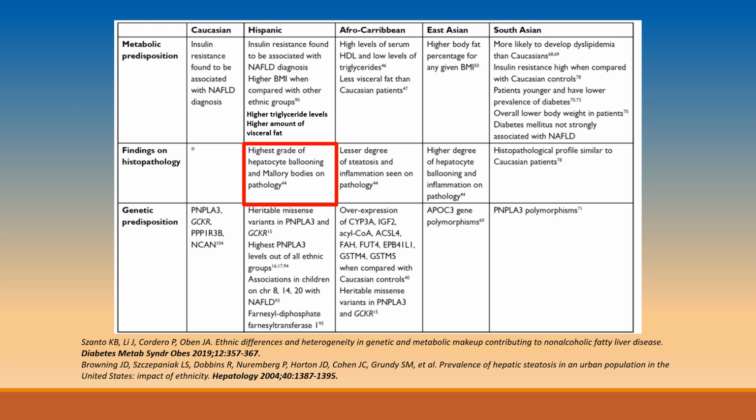Several genes and their polymorphisms have been identified, and more are expected to be found, the foremost among which seems to be the PNPLA3 or adiponutrin gene. So certain polymorphisms in this transcription factor gene seem to be associated with increased lipogenesis and decreased lipolysis in the liver.